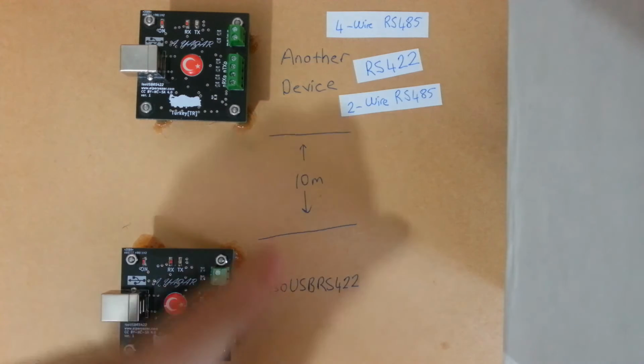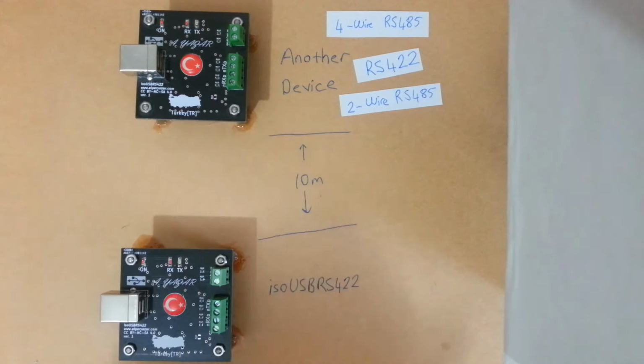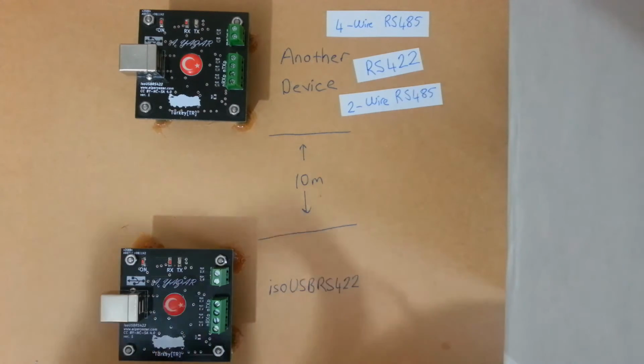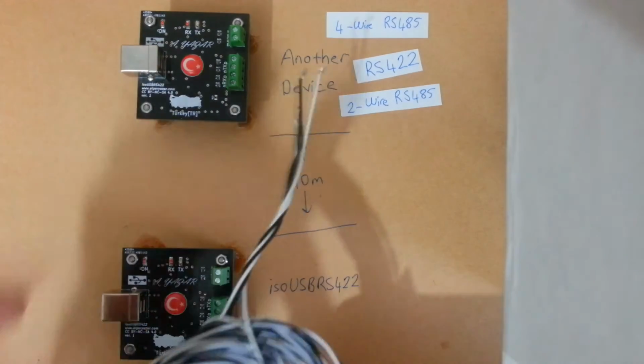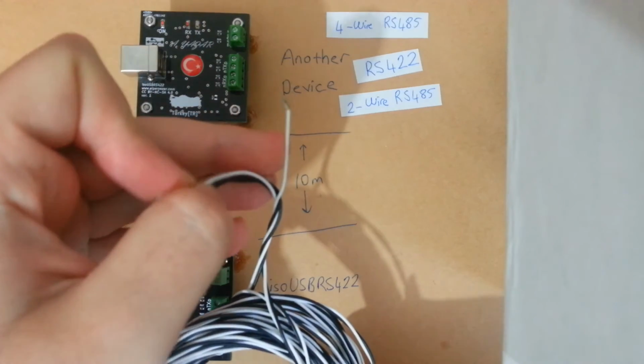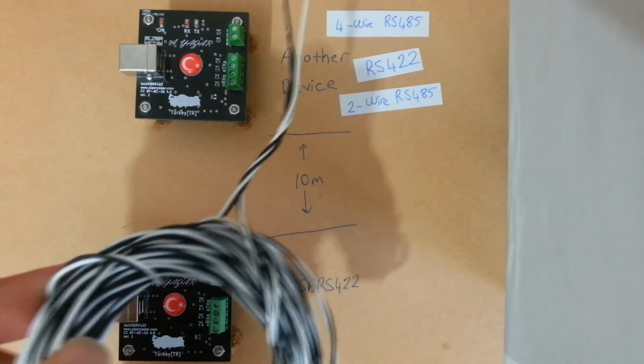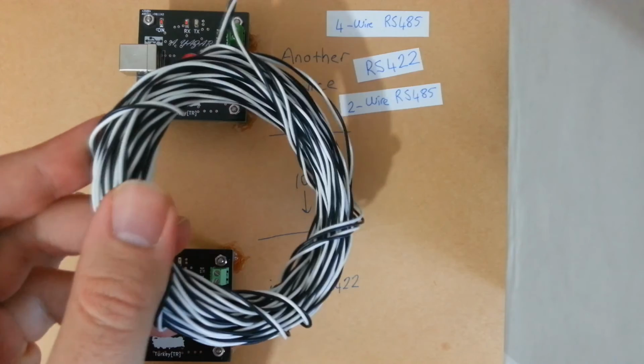the distance between these two points is 10 meters, and we are going to use these paired cables to connect these two nodes.